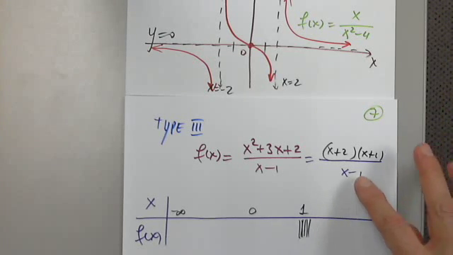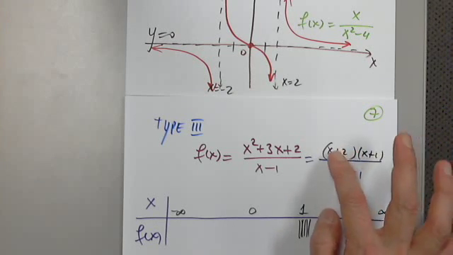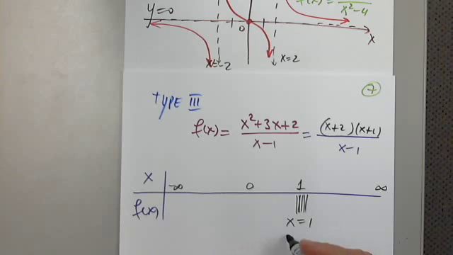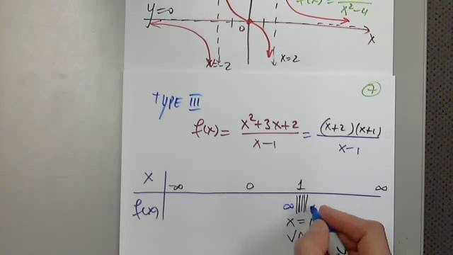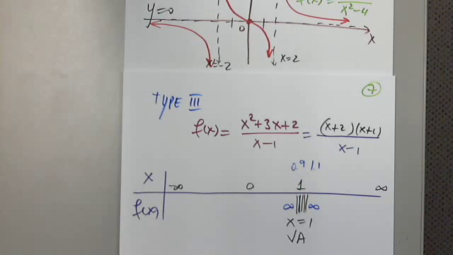Does x minus 1 go away with any factor of x minus 1 from the top? No. Therefore, x equals 1 must be a vertical asymptote. Once we say that, what do we have to write left and right immediately, automatically? Yes. What we don't know is if it's positive or negative.